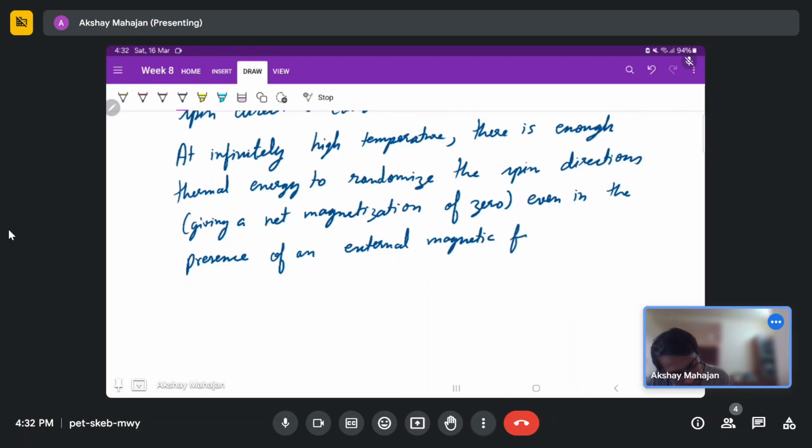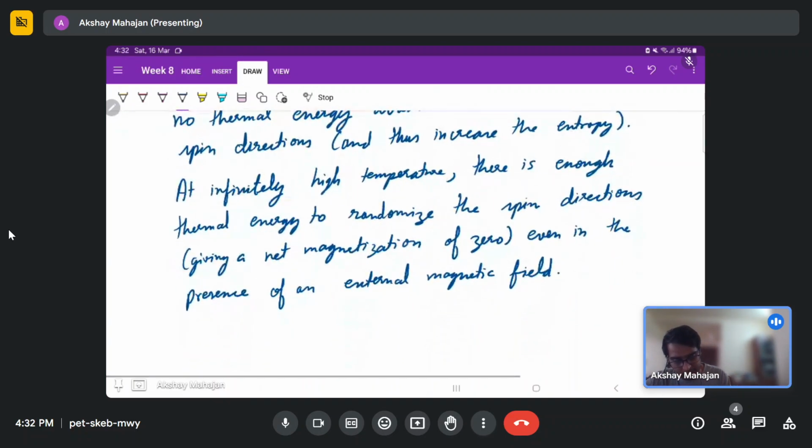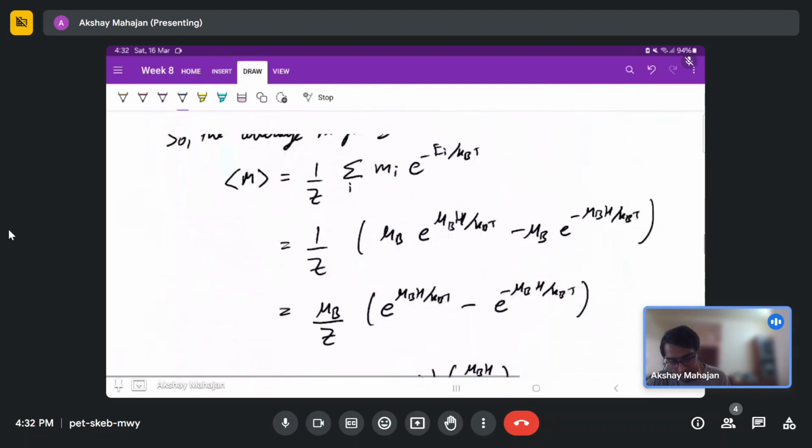So this is what I discussed in the start of this part. Okay, so at high temperature, there will be thermal energy that will completely randomize the spin direction, and so even in the presence of an external magnetic field, the net magnetization will be zero. Alright. So this was our part D.